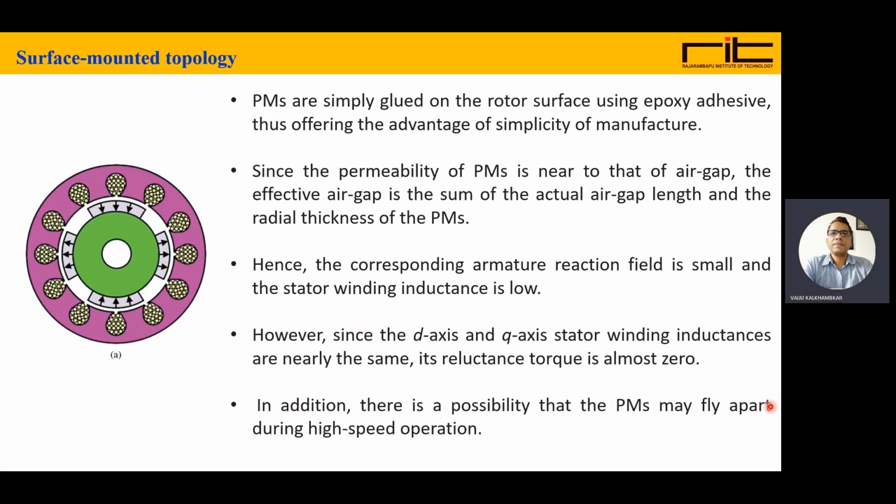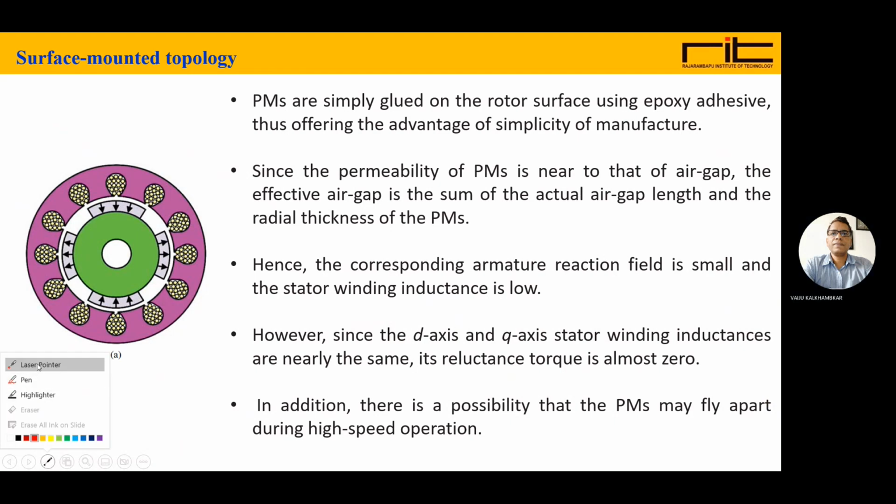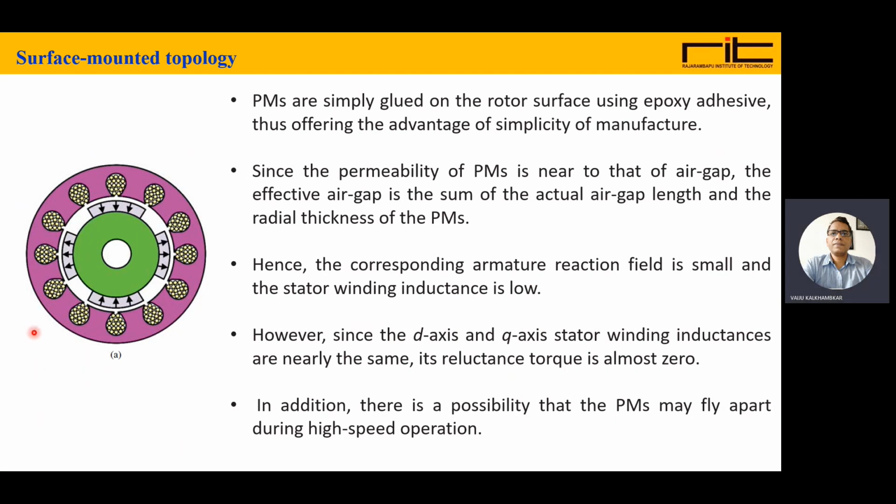The surface mounted topology, here you can see the surface mounted topology. The stator winding is the sinusoidal distributed winding, three-phase winding. And on the rotor, this is the rotor, there are magnets.